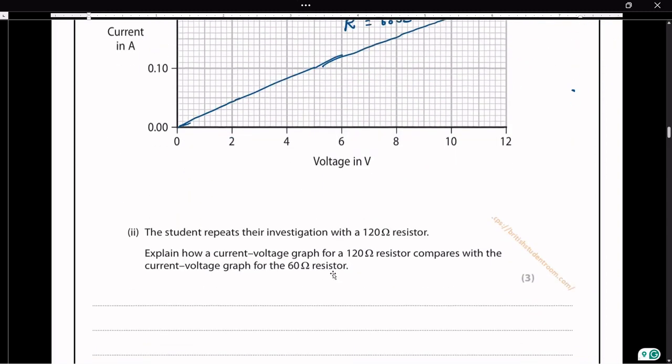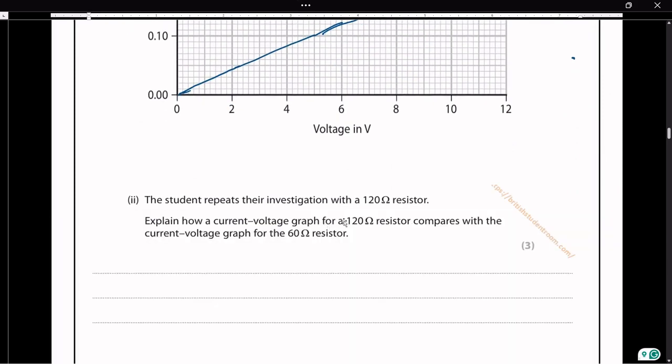Now, the student repeats their investigation with the 120 ohm resistor. Explain how the current voltage graph for a 120 ohm resistor compares with the previous graph. Previously it was for 60 ohms, now it is for 120.